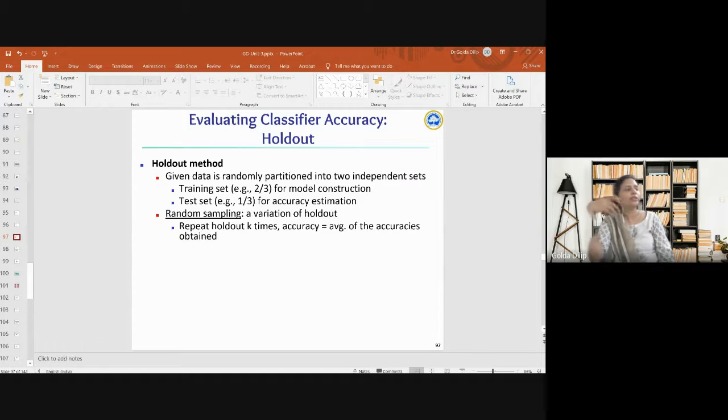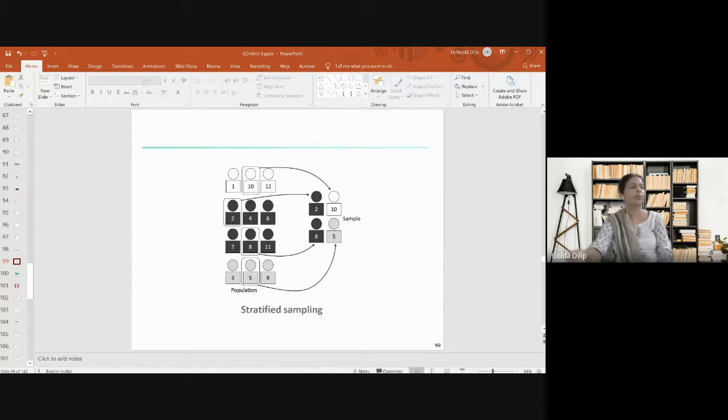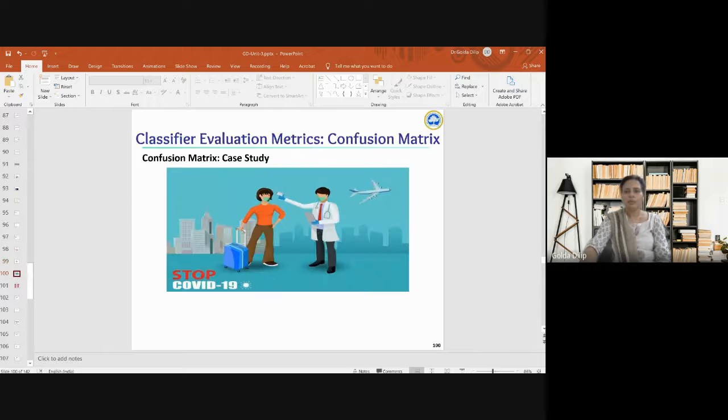This gives a better indication of how well your model will perform on unseen data, that is, for future prediction. Holdout, which we discussed initially, depends on a single train-test split. That's the difference, so people prefer cross validation over holdout.